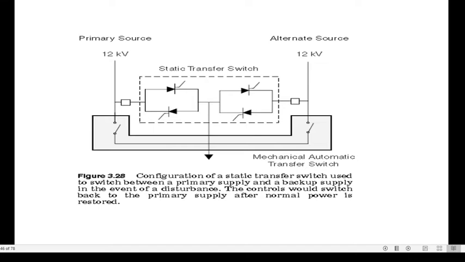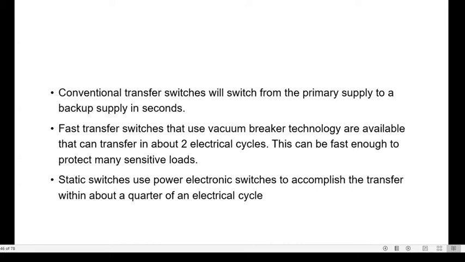As I told you, voltage sag is nothing but a function of the fault clearing time. So this is a simple static transfer switch diagram. Conventional transfer switches will switch from the primary supply to the backup supply in a second.